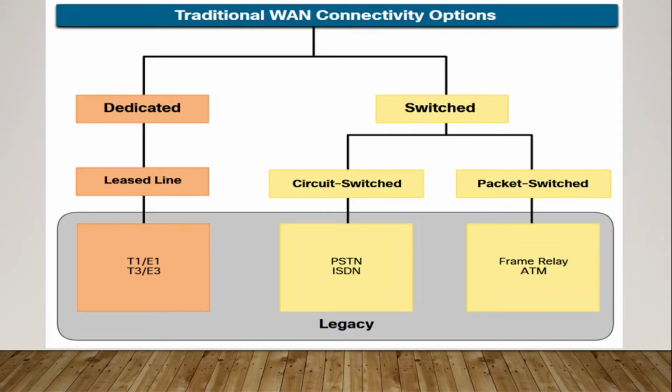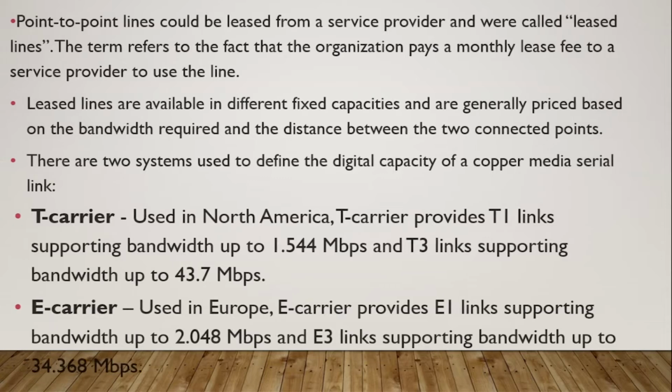And T1/E1 or T3/E3 lines. Leased lines are available in different fixed capacities and are generally priced based on the bandwidth required and the distance between the two connected points. And these are the two systems used to define the digital capacity of the copper media serial link.